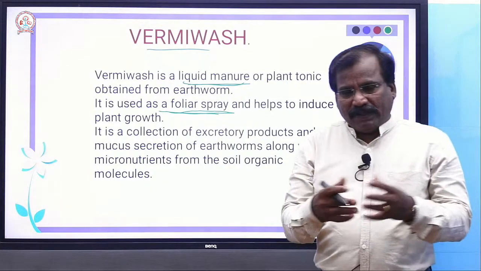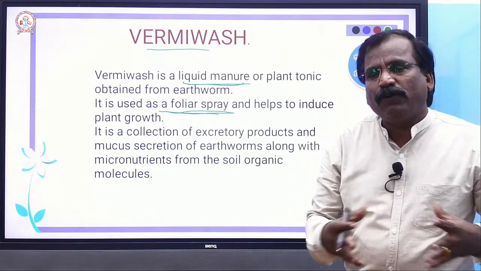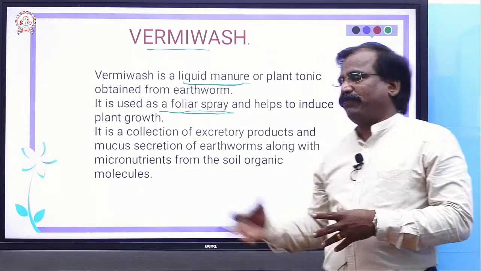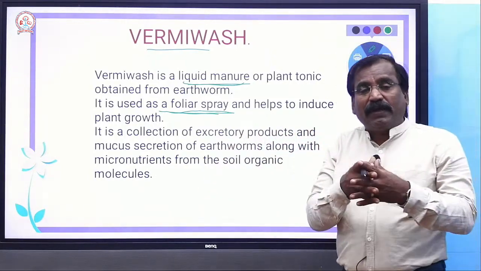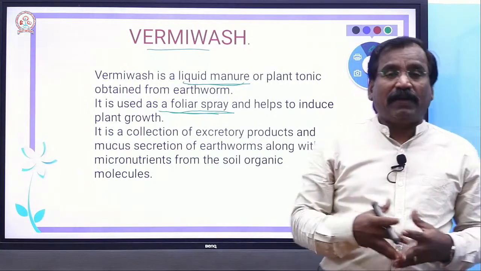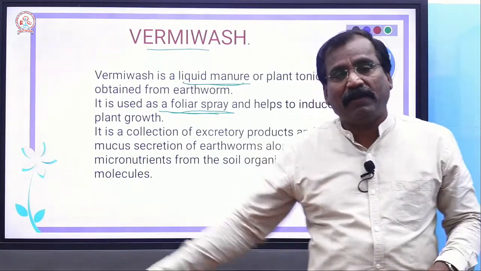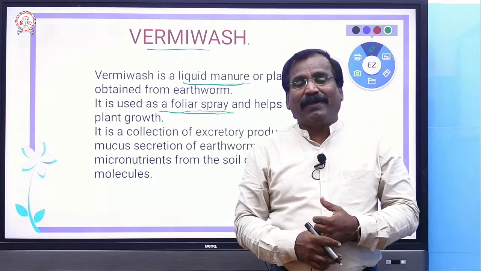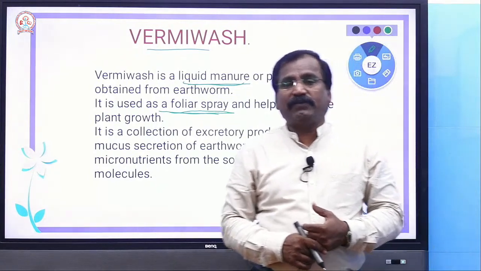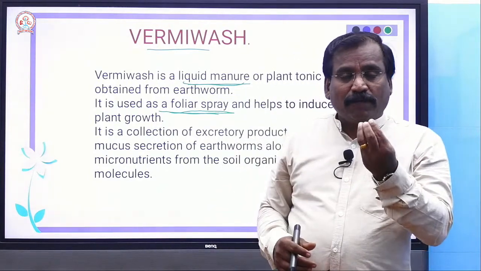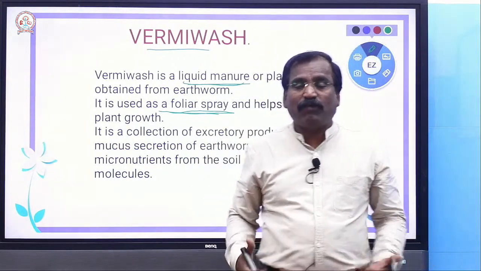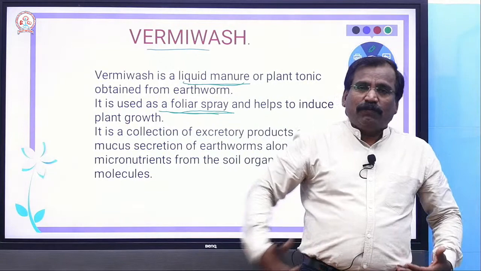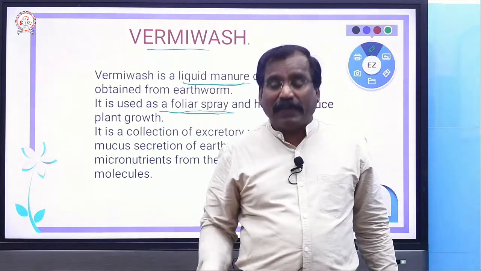Okay, it is nothing but liquid vermicomposting. It is prepared from fecal matter, which already contains enzymes and hormones. That fecal matter is not only undigested waste, it also contains some enzymes, hormones, and sometimes even antibiotics from the earthworm.